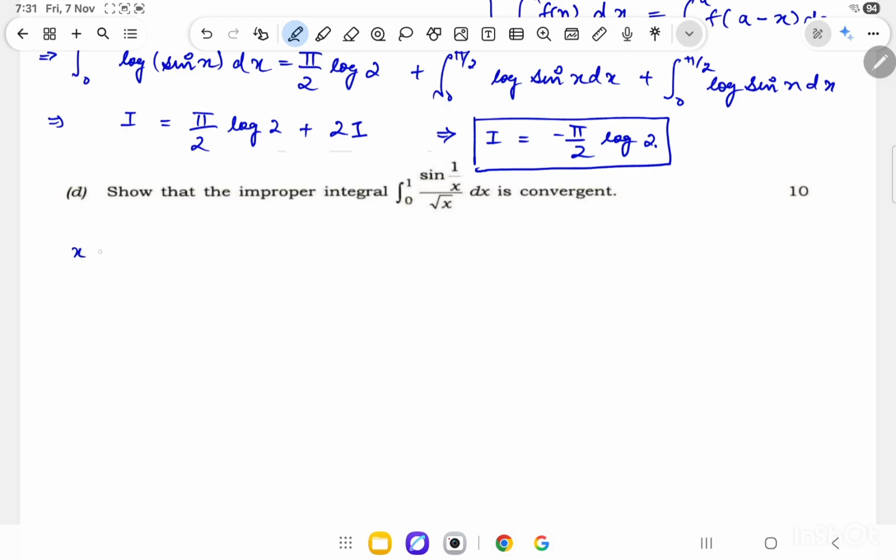So here x equals 0 is the point of infinite discontinuity.